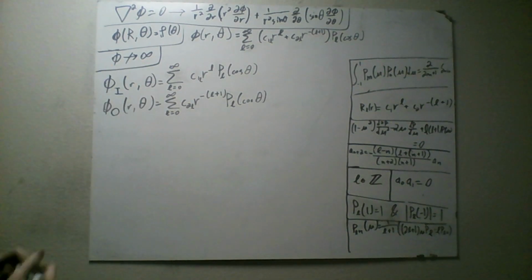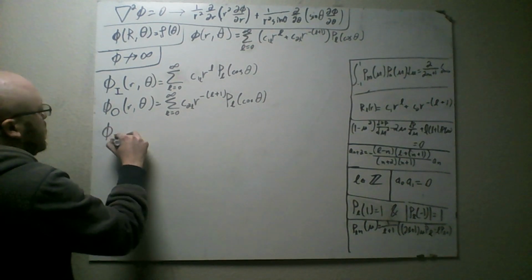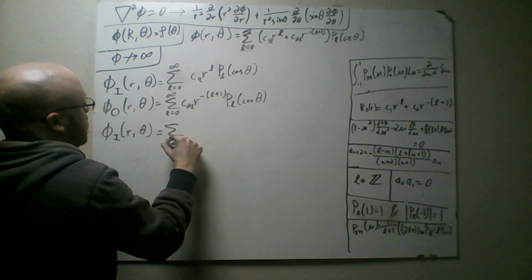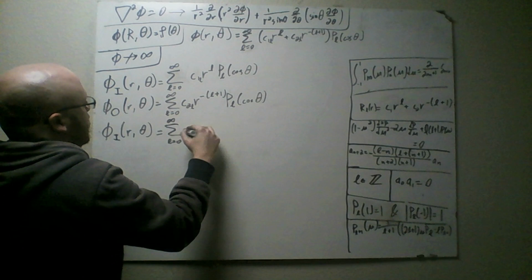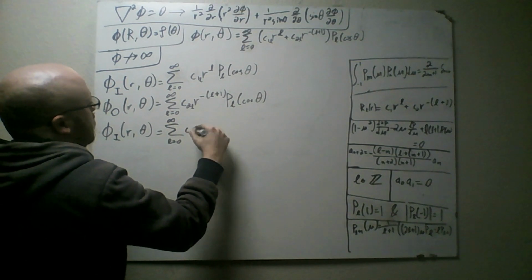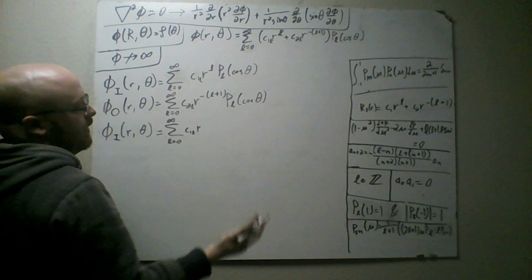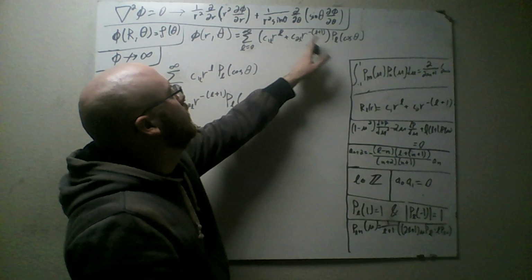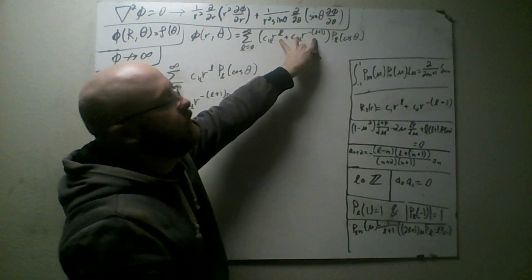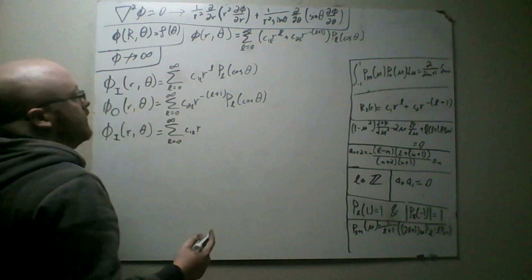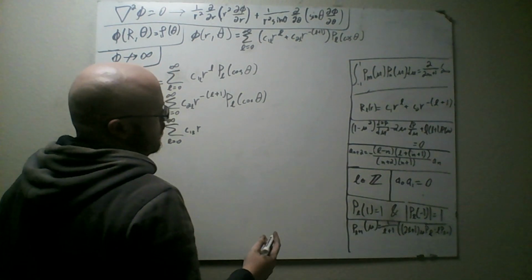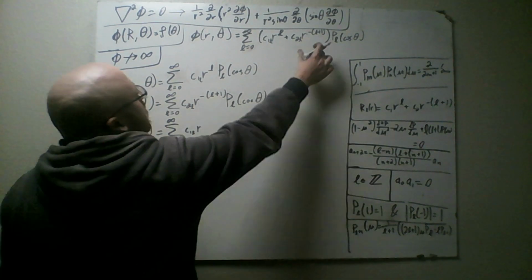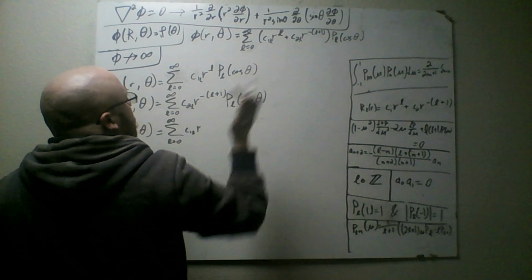And it turns into phi I of r, theta equals the sum from L equals 0 to infinity of C1L R. Oh, and by the way, even though L is an integer, we only include the positive ones because if we plug in negative L, we would have gotten what we have already. The negative L's are similar to the positive L's. There's not too much of a difference. You can imagine, here are the negative L's and here are the positive L's.